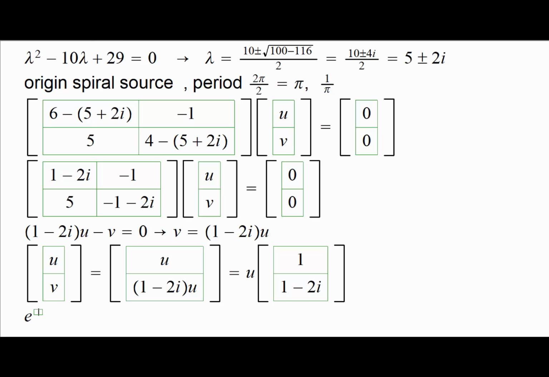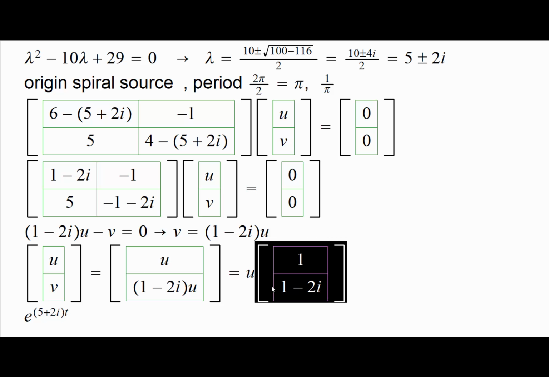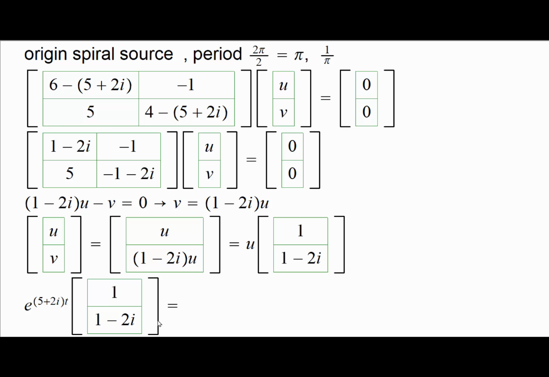I'm not writing y of t formally here; we will write it later. So we have this times t, and this is an eigenvector. We will write it down, and then that equals, let's factor the first one, e to the 5t times e to the 2ti.